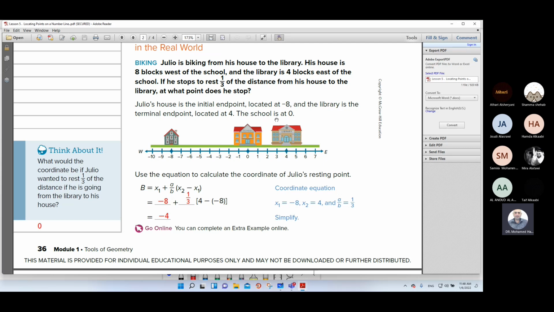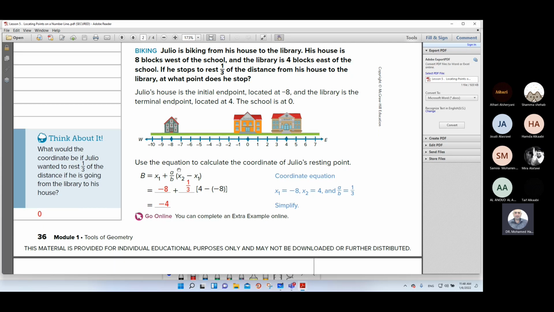So the school is at 0. Now, use the equation to calculate the coordinate of Julio's resting point. At first, write the formula: B equals x1 plus a over b multiplied by the parentheses x2 minus x1.